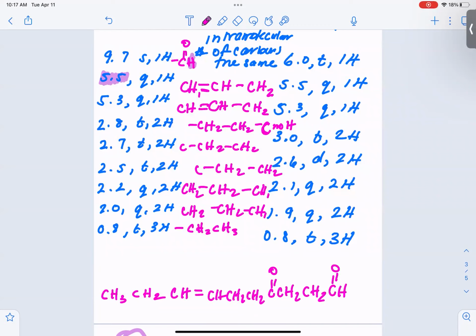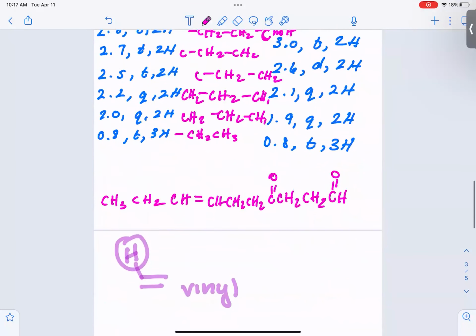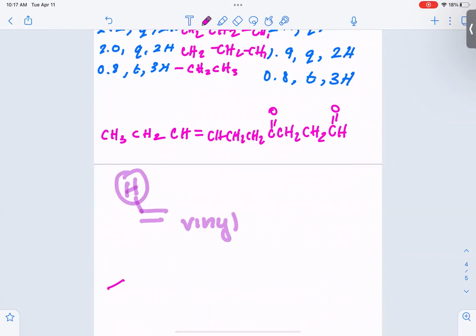Okay, it's a long chain. I'm not going to give you something this hard as far as your chains go, but I want you to be prepared to try and think your way through something like this. Okay, so then if we do it as a bond line structure.